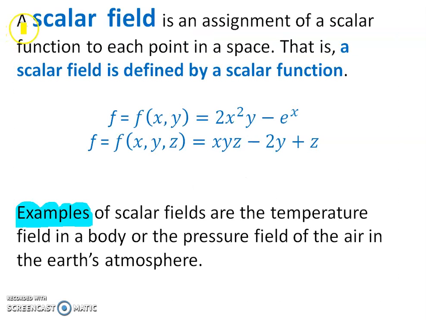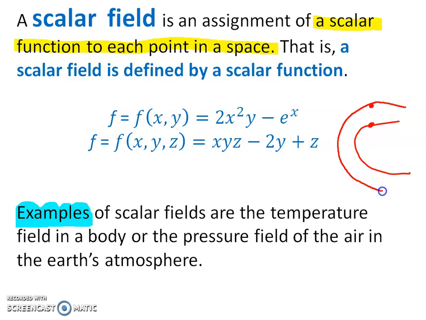What about a scalar field? It is an assignment of a scalar function to each point in a space. That means we can assign to each point in a space a scalar function. And at another point in the space, we can assign a scalar function, which is a curve, and so on.